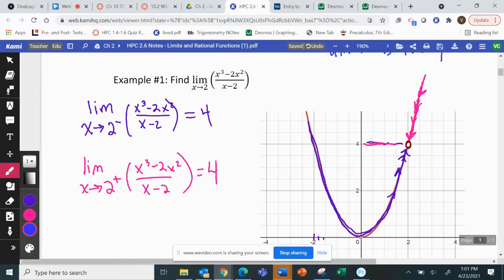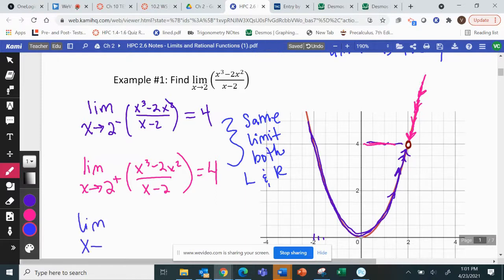So I can conclude, if I have the same answers for both the left and the right, that the limit as x approaches 2 of x cubed minus 2x squared over x minus 2 is, in fact, 4.